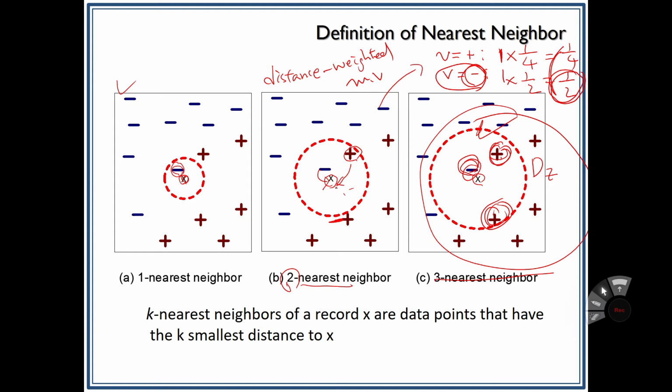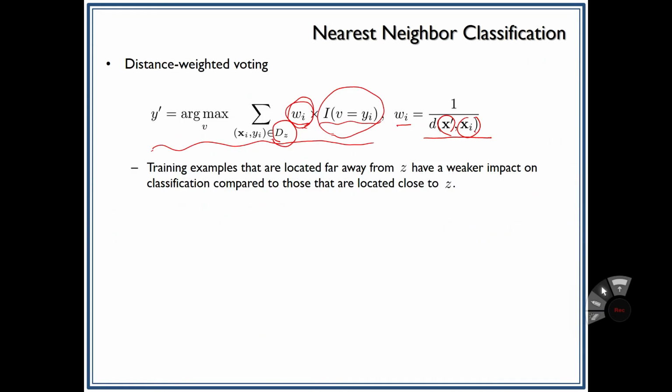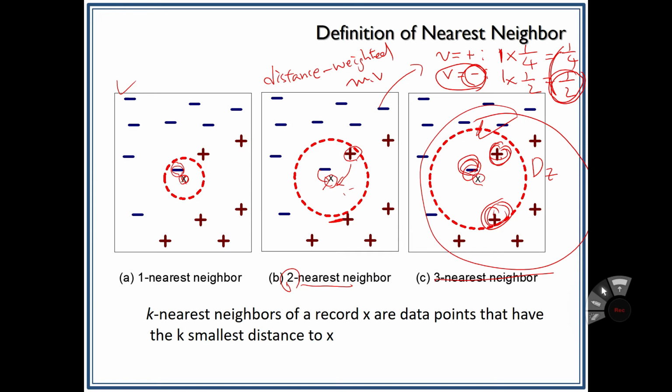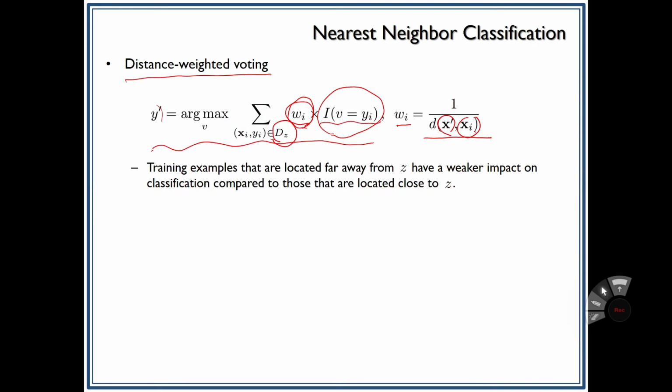That's the intuition behind distance weighted voting. It's the same for the case of k equals 3, k equals 4, k equals 5. Instead of giving 0 or 1, we give the inverse value of the distance between the two objects.